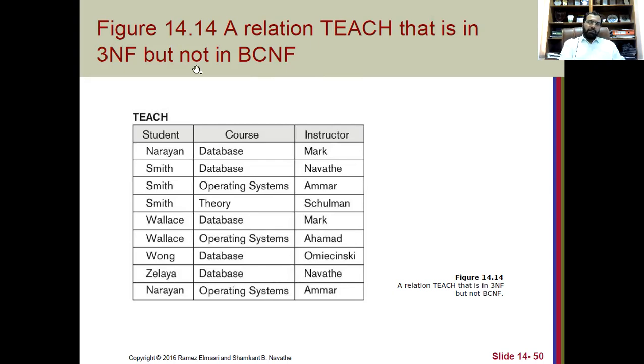For example, whether student and course determine the instructor, or instructor determines the course, or course and instructor determine the student. We have to see those relations and find out why it is not in BCNF.